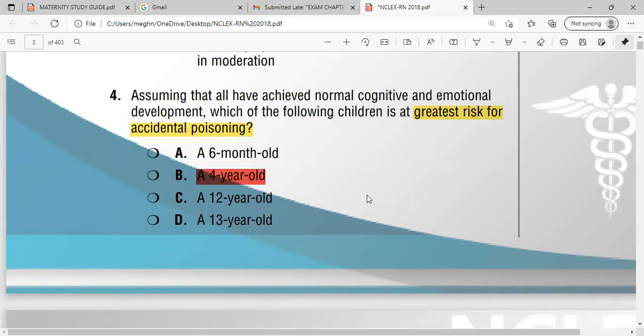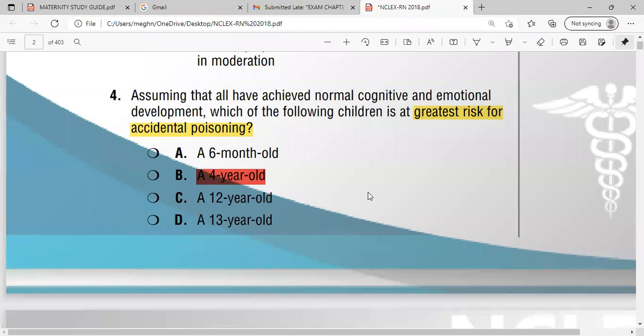Why 4 years old? The 4 year old is more prone to accidental poisoning because children at this age are more mobile and curious, and they move here and there, and they want to put everything in their mouth, right?